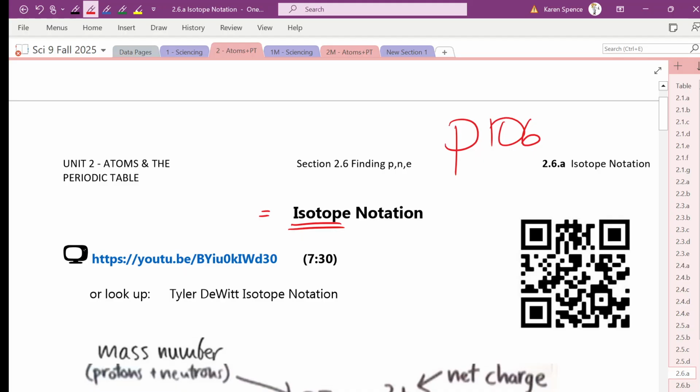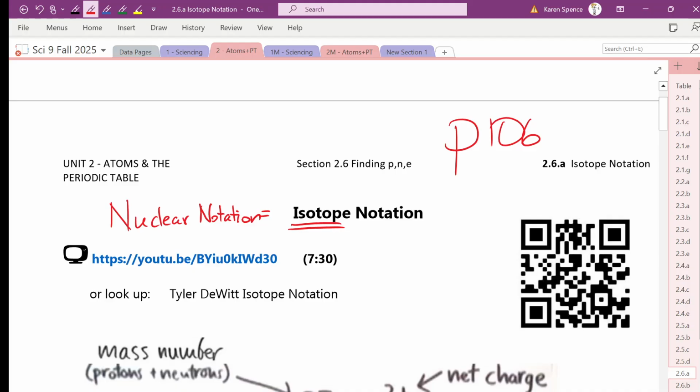You may also hear nuclear notation, yes. Both of those are ways that we can refer to this.